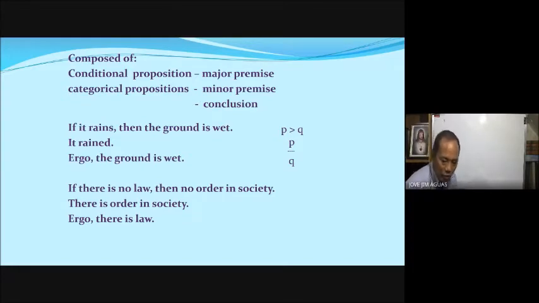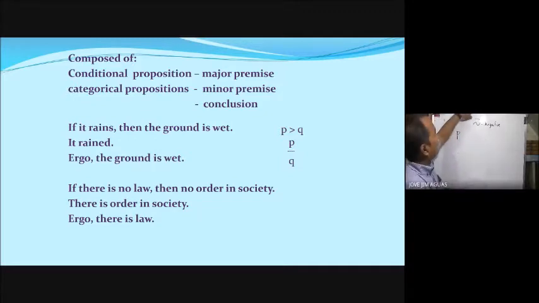So if there is no law, P. Now, take note that that is a negative statement, right? No law. And we use this symbol as a form of negation. Instead of using the minus sign, I hope you can see that on the screen, we use the curl to symbolize a negative.